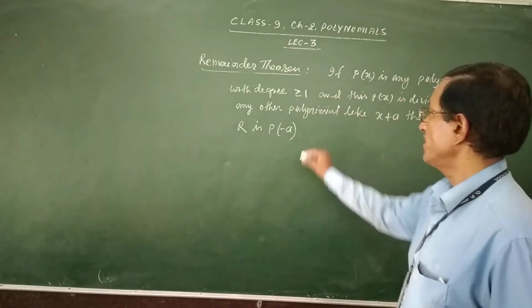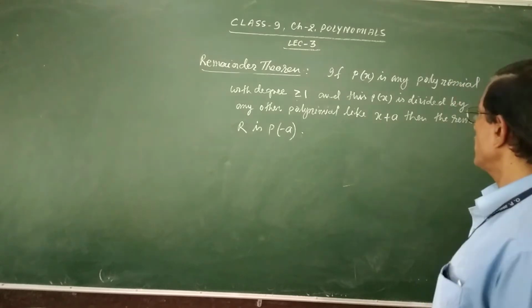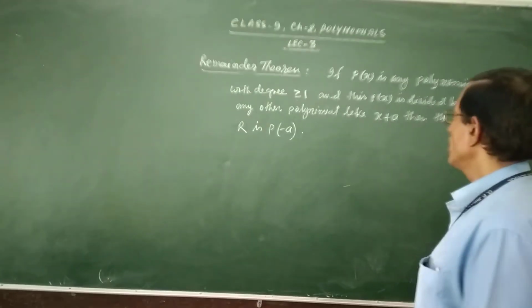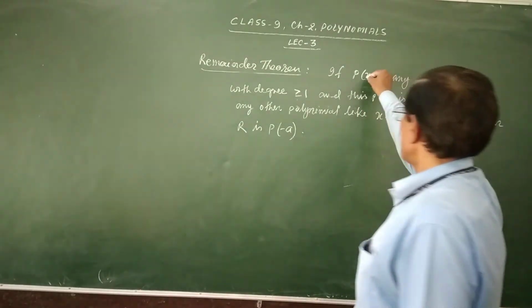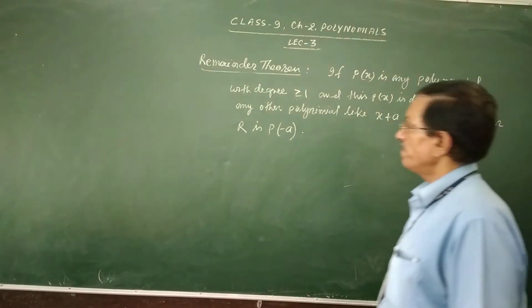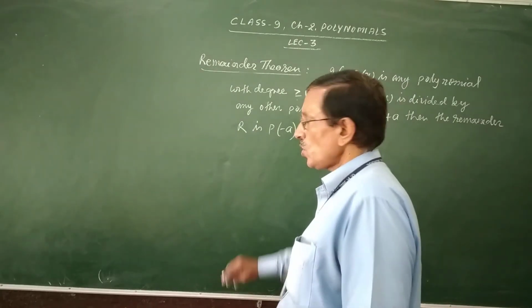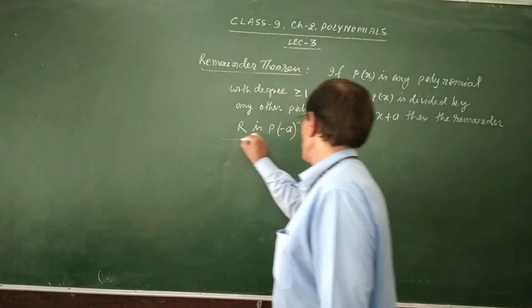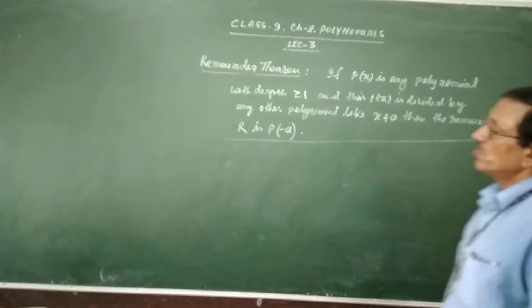Remainder is p of minus a, its zero. The value of p(x) at the 0 of this polynomial, p of minus a. So this is the remainder theorem, and you must learn this statement.